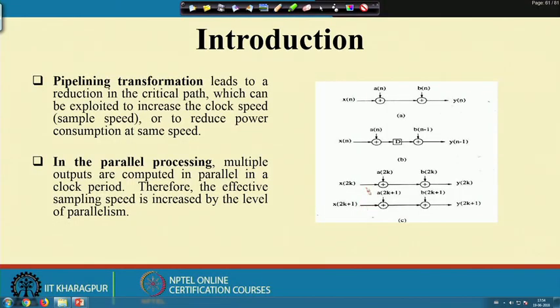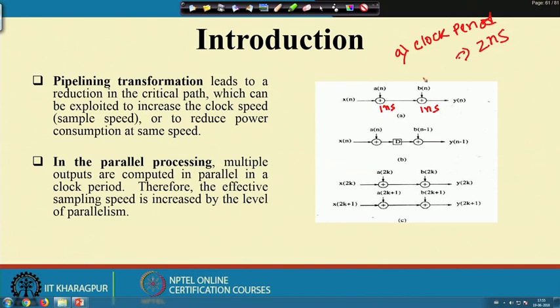The sampling clock period, instead of 1 nanosecond, now becomes 0.5 nanosecond, so the speed up increases again by 2. In case A, the minimum clock period I require is 2 nanosecond.